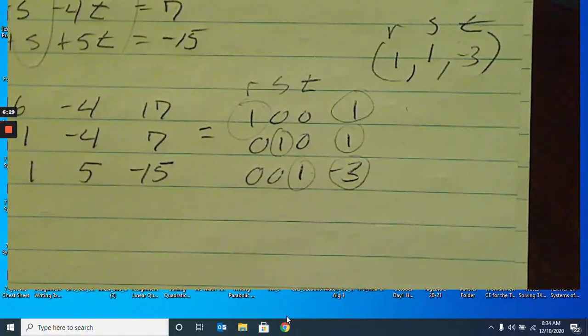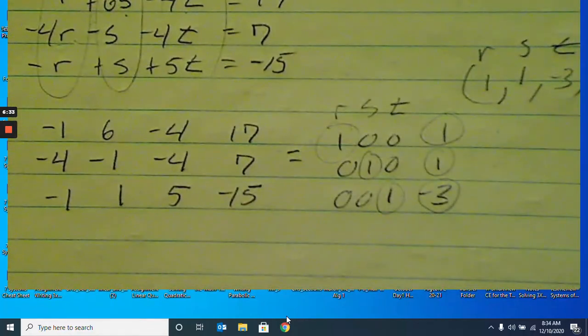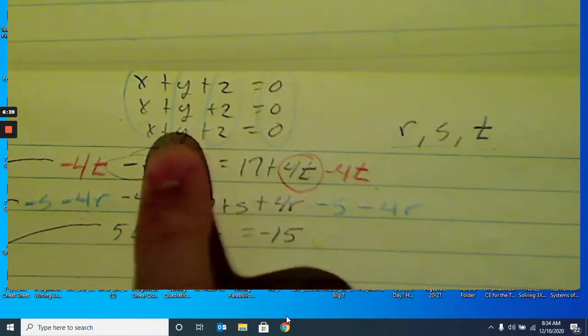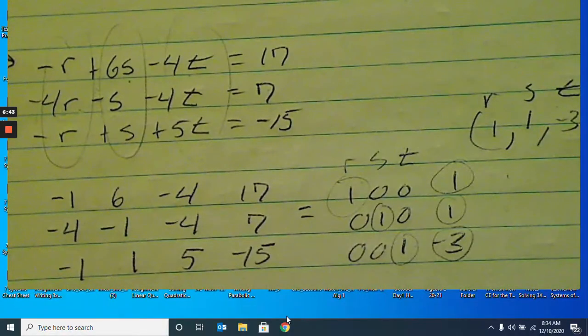Okay. So now the question becomes, does it have to be in this order? The answer is actually no. I said at the very beginning, all that matters is that these are lined up like this. And so for example, I could rewrite this.